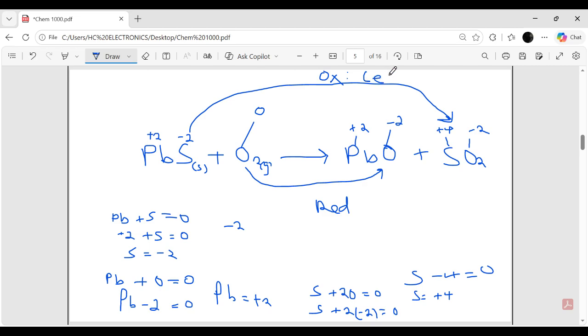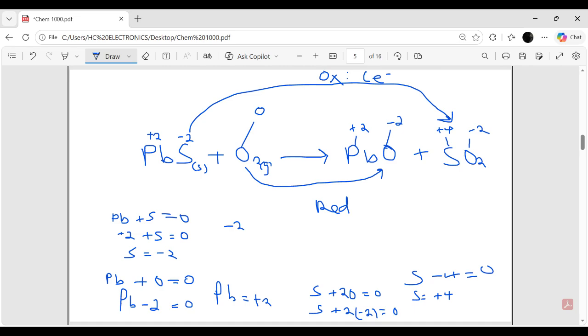The sulfur has lost 6 electrons because it went from -2 to +4. So it lost an electron, it became -1. It lost another electron, it became 0. It lost another, it became 1. Another, it became 2. Another, it became 3. Another, it became 4.